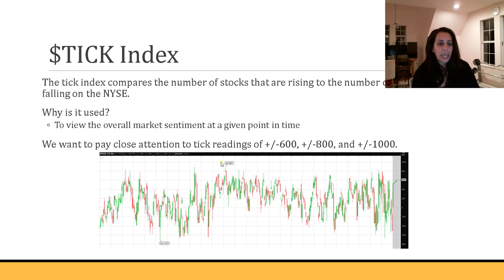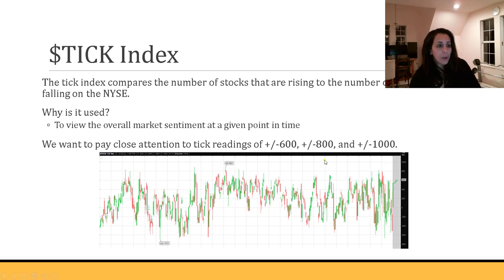But this is an indicator, and the same as with all indicators, you can't just use it as the basis of entry and exit. You can use it combined with your other criteria and the trade book that you have to give you confirmation of what you need to do.